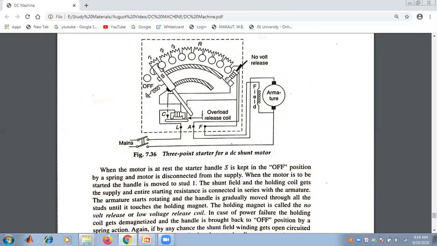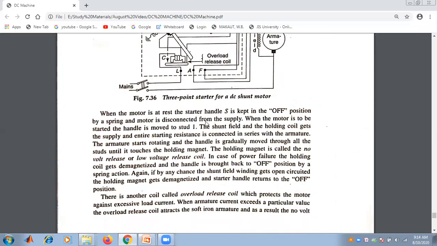The starter handle is pulled back to its off position by spring action as the holding coil gets demagnetized, and the motor is automatically switched off. This is a 3-point starter for a DC motor.